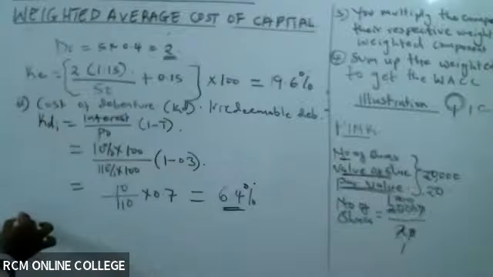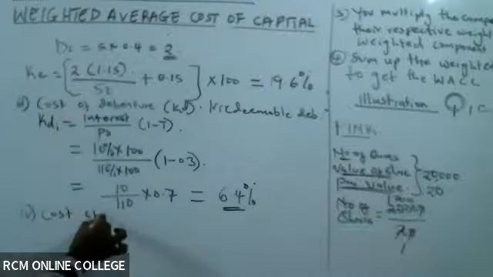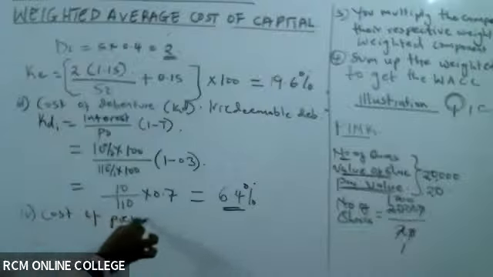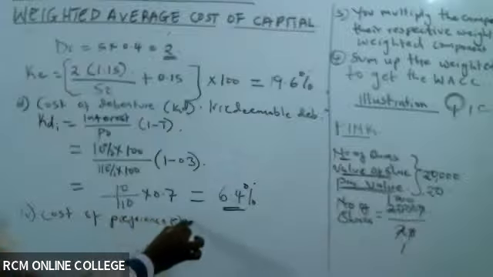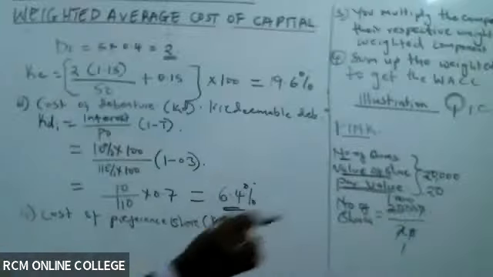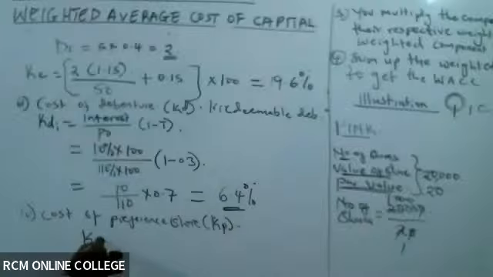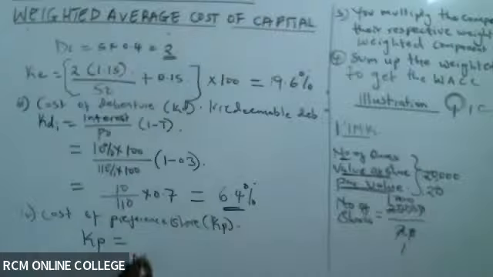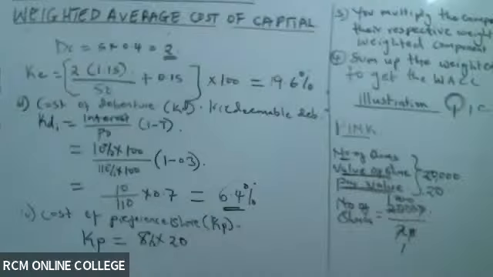Then the fourth thing is the cost of preference share, as simple as it is. We call that KP. KP is equal to the preference dividend, and to get it we take the 8% given there times par value, divided by the market value.